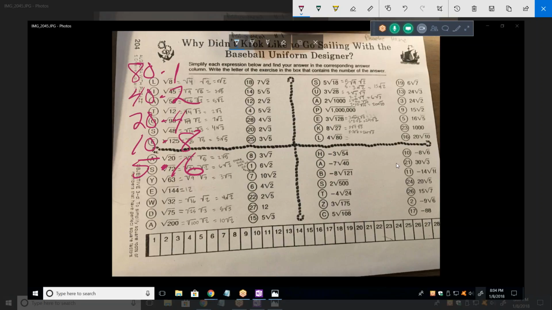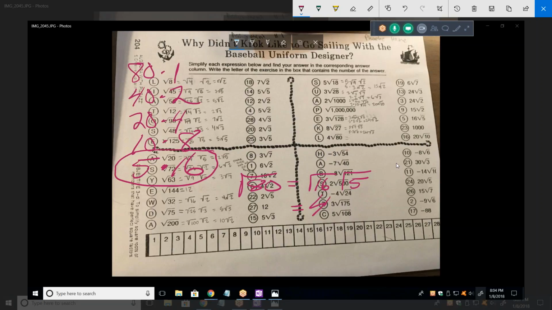So square root of 80 becomes what? Well, first of all, let's do this: square root of 16 times square root of 5. That's the first thing. In other words, you have to factor 80. 80 factors into 16 times 5. Now, what's the square root of 16? 4.